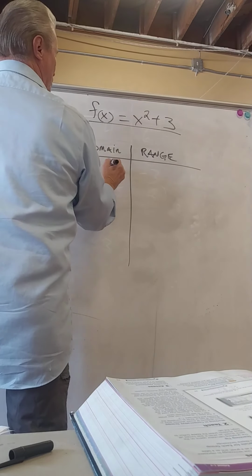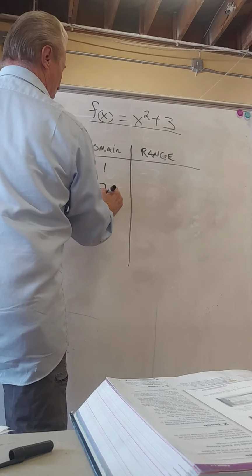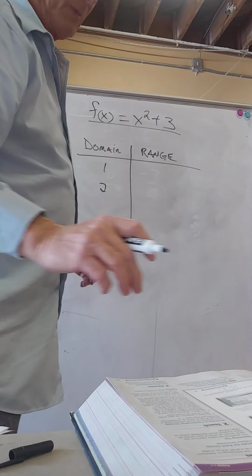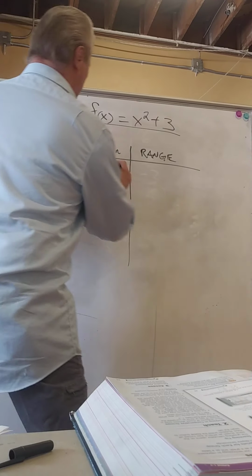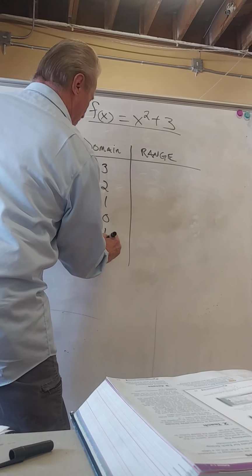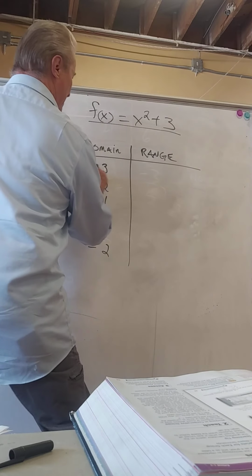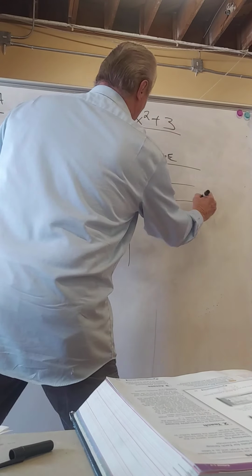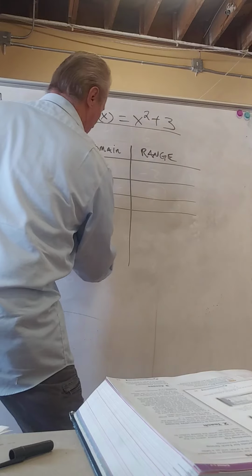So let's do 3, 2, 1, 0, minus 1, minus 2. And for each one of those, we get a range, or the y value.